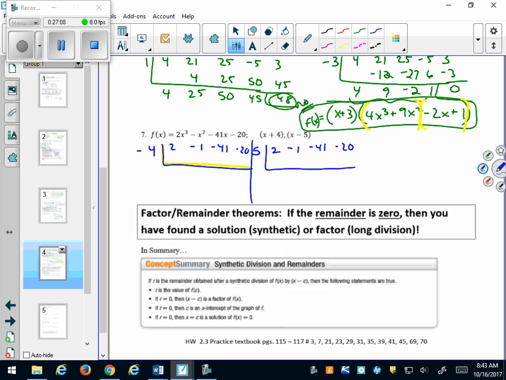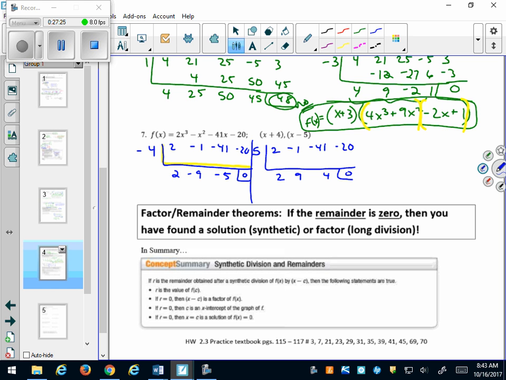When you test -4, you end up with this, and when you test +5, you end up with this. They both have a remainder of 0, so they are both factors.